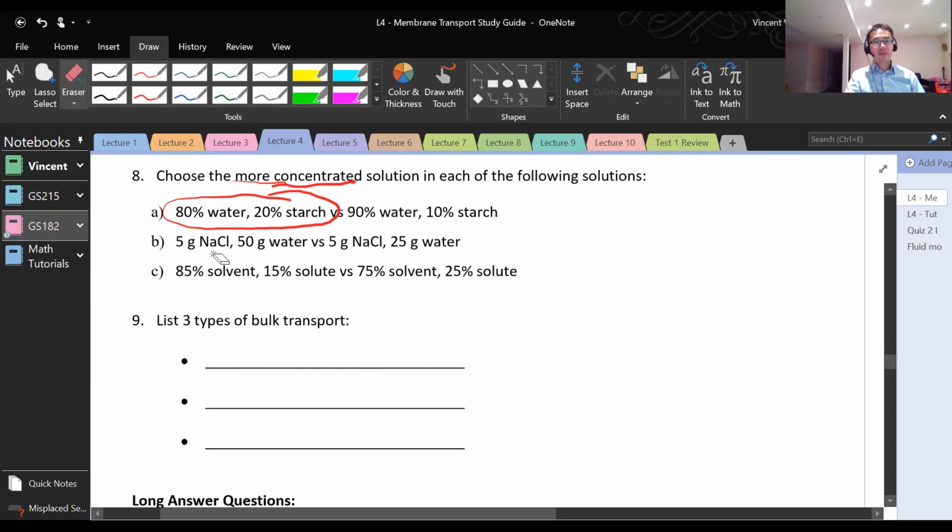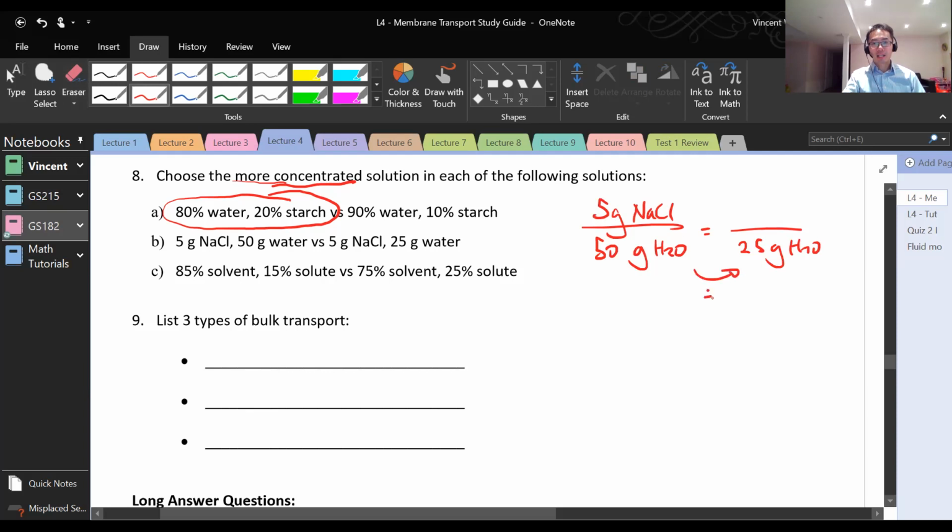B, we have 5 grams of sodium chloride in 50 grams of water versus 5 grams of sodium chloride in 25 grams of water. Okay, so to some people, this might be obvious. If it's not obvious, maybe the math will help. So 5 grams of NaCl in 50 grams of water, right? If I divide the bottom by 2, I divide 50 by 2, I get 25 grams, right?